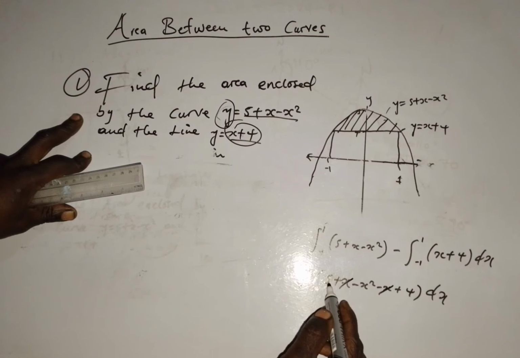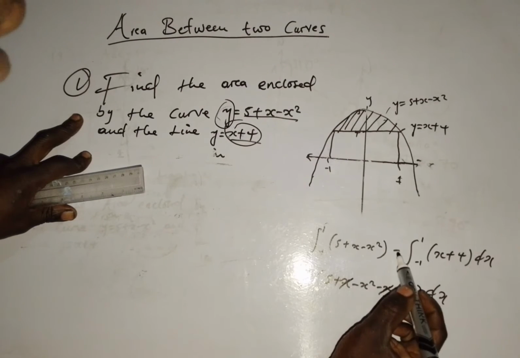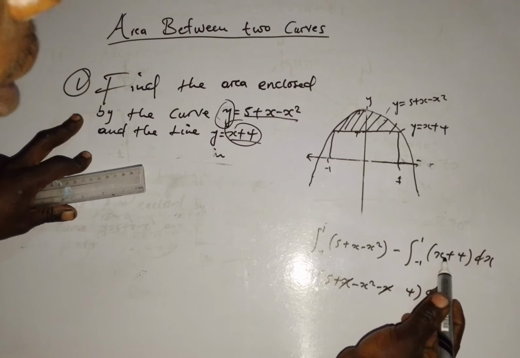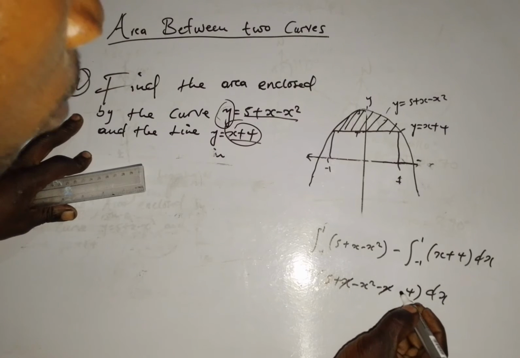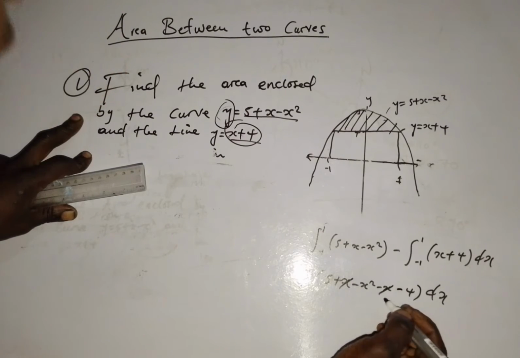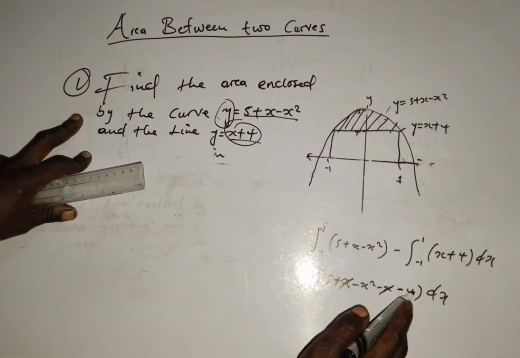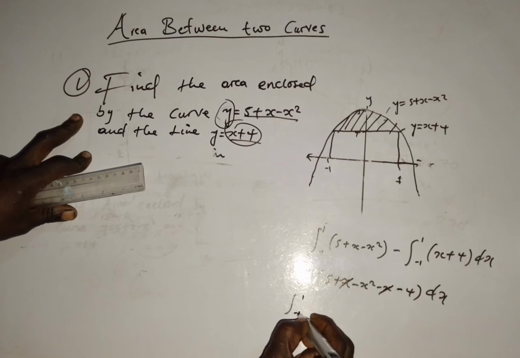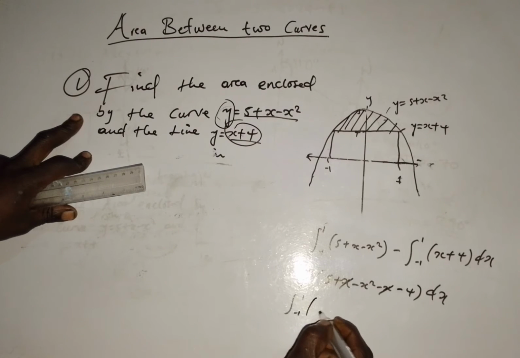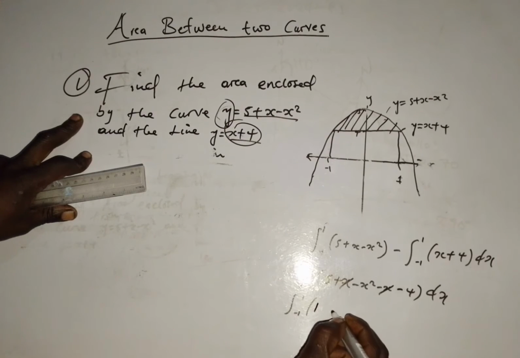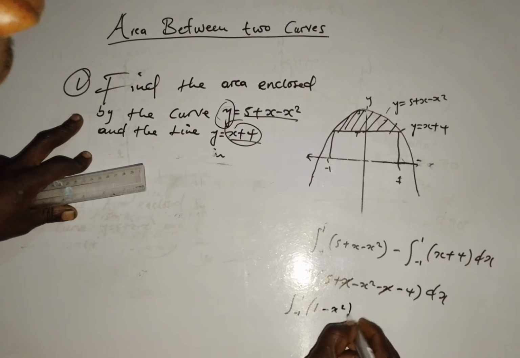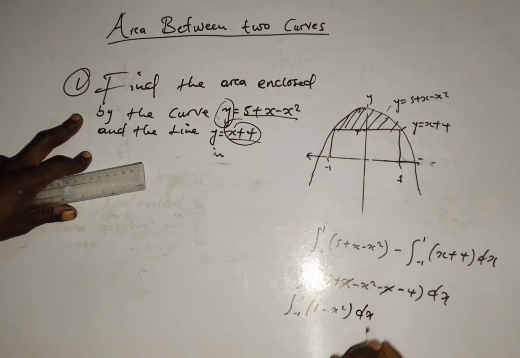We are going to remain with 5 minus, this minus will multiply with what is in the bracket, so it will be minus 4. So 5 minus 4, it is the integral from -1 to 1, open bracket, then 5 minus 4 is 1, then minus x squared, then close bracket dx.